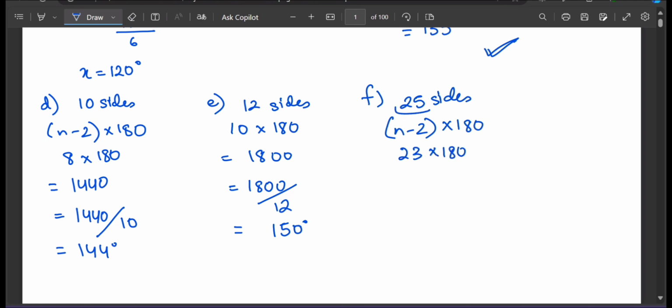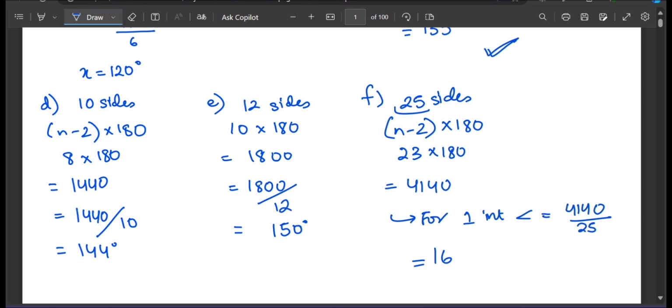For one interior angle you will do 4140 divided by 25, so you will get 165.6 degrees. So that is going to be the answer for this part. So see, we have completed question number 2 as well.